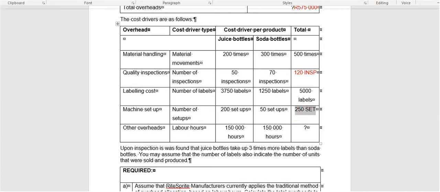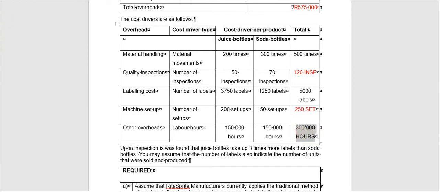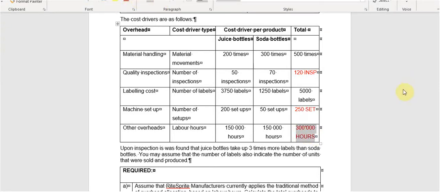Again, I'm just highlighting it in red. And then other overheads is the labor hours, 150,000 and 150,000 labor hours should give you 300,000 hours. Just putting it in red to demonstrate that I had to add them up myself.